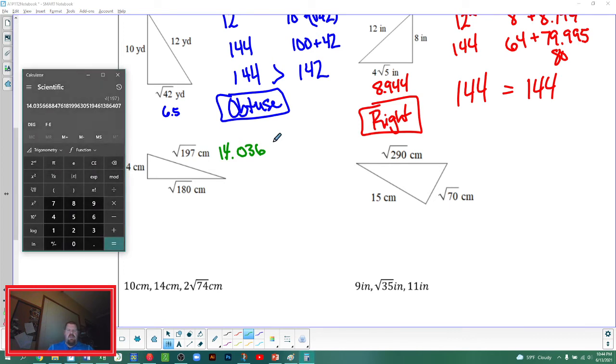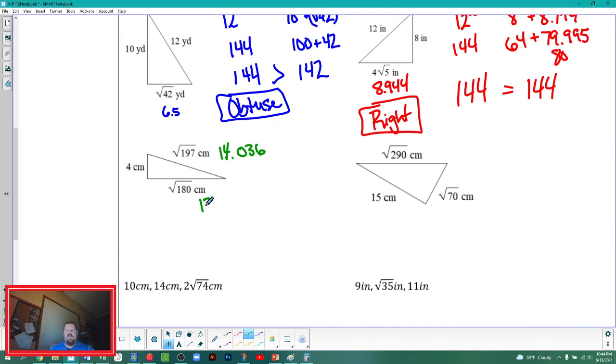And then 180, and I square root that, 13.416. And so just looking at my general sizes here, 4 and 13 are my smaller two.